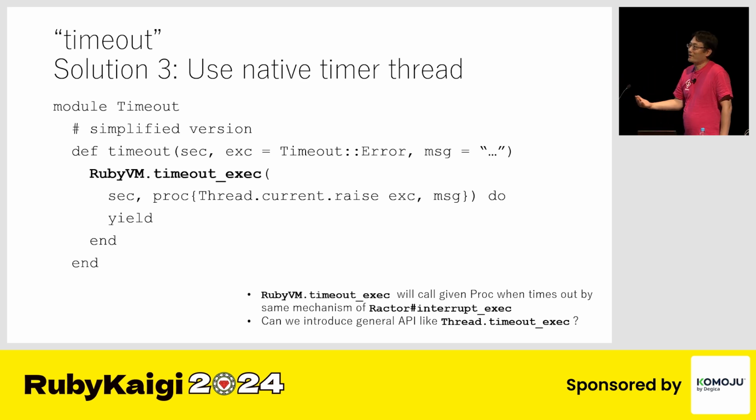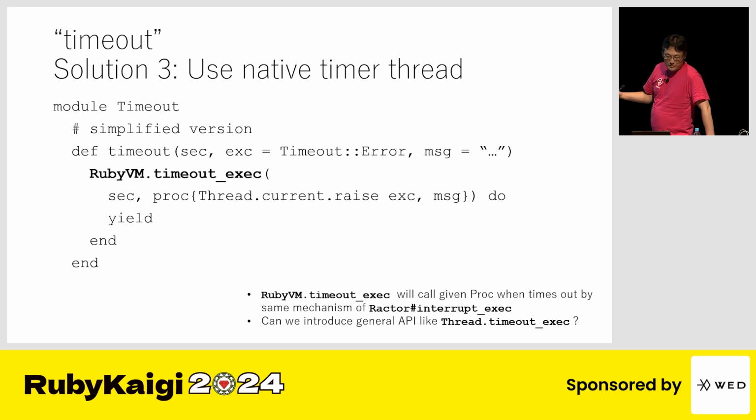This is not a concluded API design, but this timeout exec method accepts seconds, and what happens when the timeout occurs. With this feature, we can make a timeout between the Ractors.